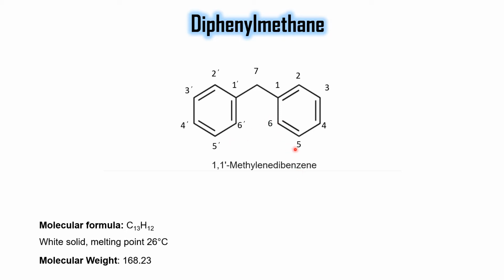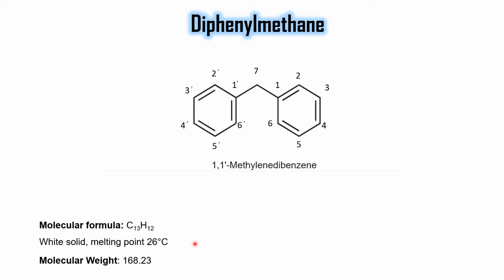It will just help if we have substitutions. Suppose here we have methyl group and here also if we have methyl group, then it will become 3,5 dash dimethyl methylene dibenzene. It is a white solid but melting point is too low, so at room temperature also it will exist as a liquid.